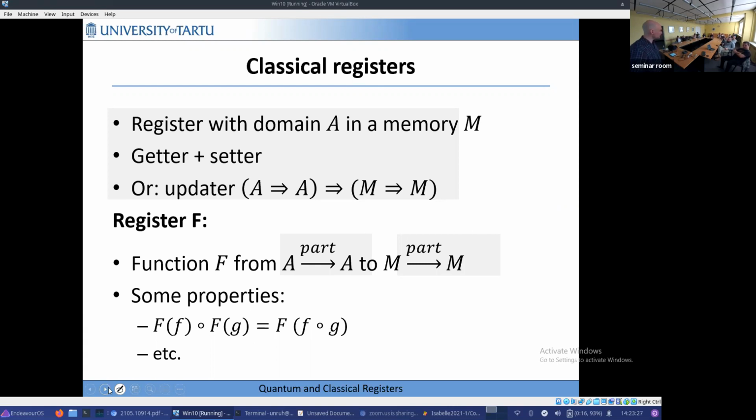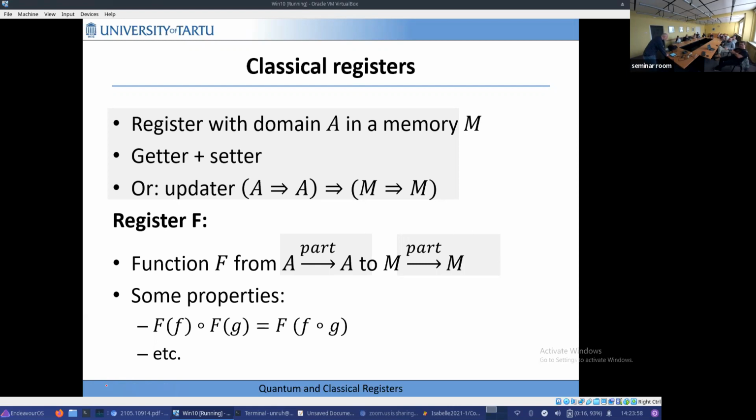Then the returned function will also be defined only at memories that have that specific value in the register. Because of some property we're asking of the updater, because it behaves nicely. The intuition is that if I evaluate the updater and it fails to work on that, then it will fail. And then I can define the getter as the value for which the tester will be satisfied.